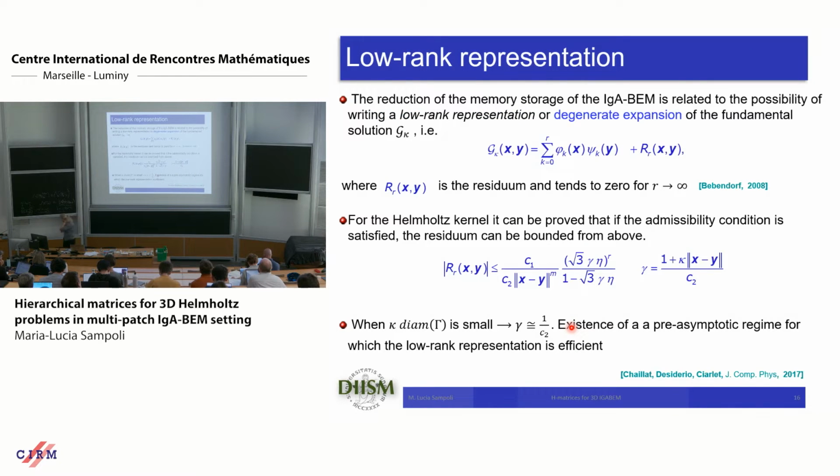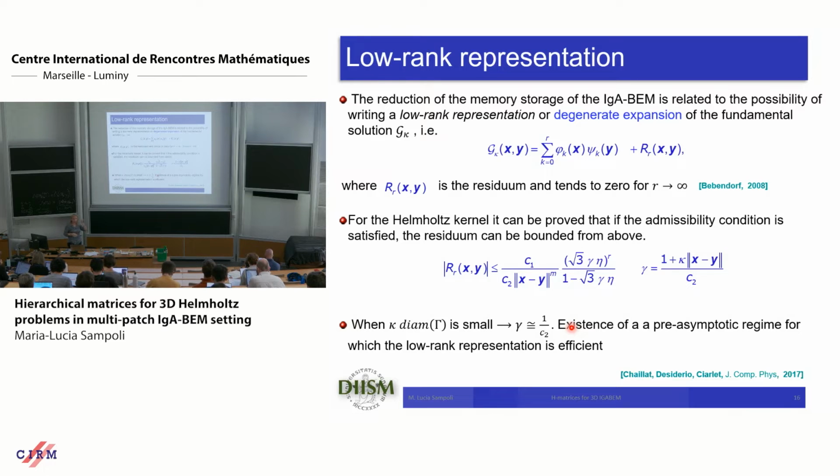Regarding the low rank representation, we can prove, and this was the work of Bebendorf and also of Chaillat, Desiderio, Sharlet, that the possibility of approximating with low rank, thinking now about the elements of the matrices, is that the fundamental solution has a degenerate expansion.